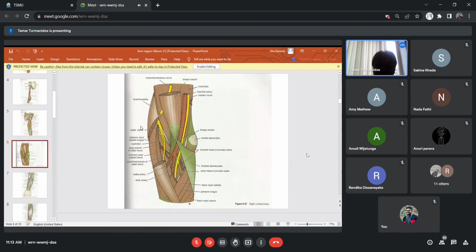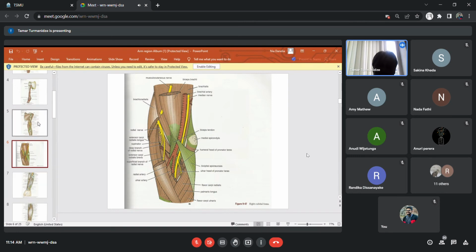In the anterior region of the elbow, the muscles form the cubital fossa. On the lateral side, the fossa is formed by the brachioradialis muscle. On the medial side, it is formed by the pronator teres muscle. And the floor of the fossa is formed by the brachialis muscle and the tendon of the biceps muscle.